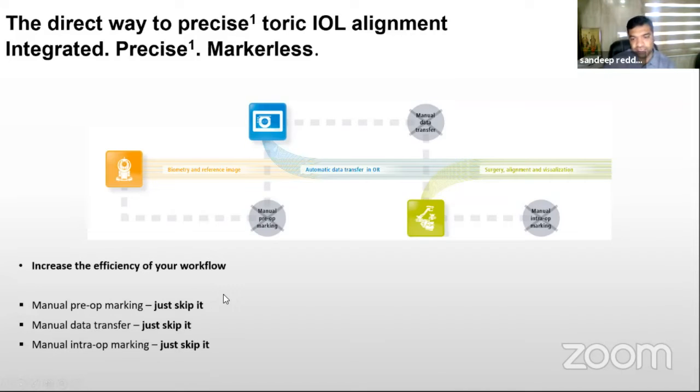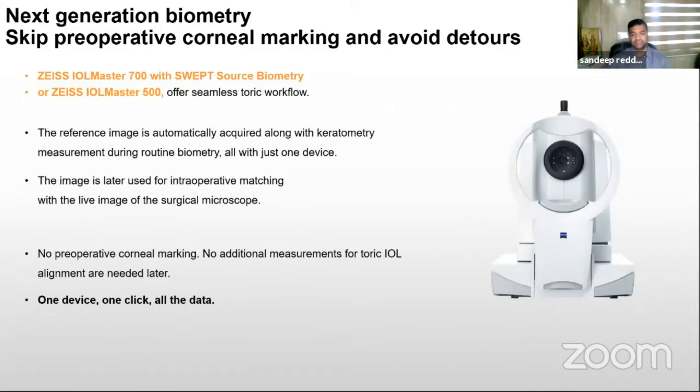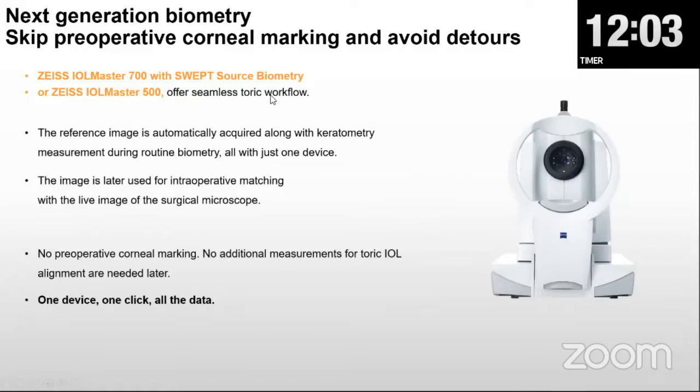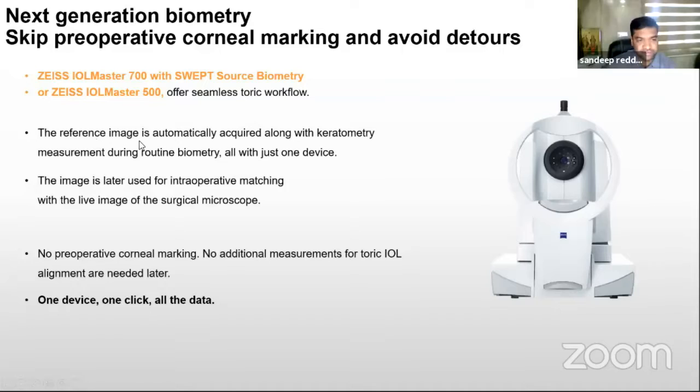It makes your life much easier, and things become much more accurate. The IOL Master 700 automatically acquires a reference image along with the keratometry. You do not need any extra instrumentation for the cylindrical marking like what the Varion needs. Everything can be done using the IOL Master.